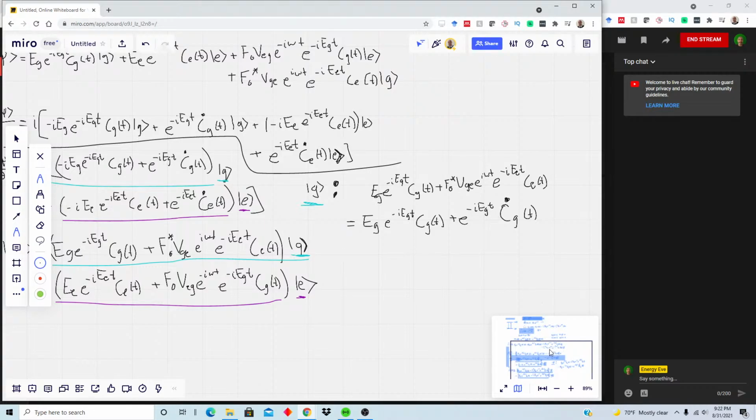Okay, and so before moving on, one thing to recognize is these two terms right here are the same. So we can subtract them from both sides, leaving us with an equation for the g side, right?